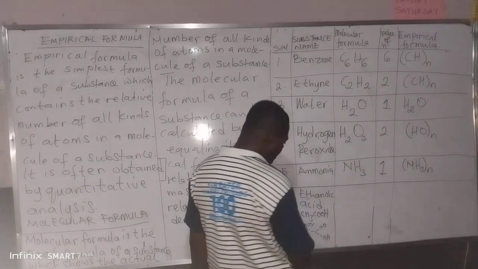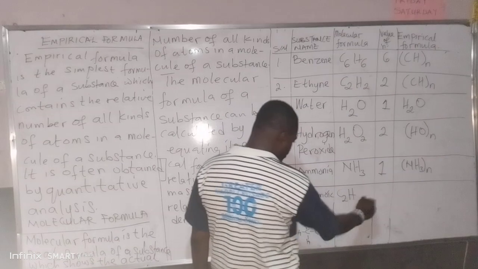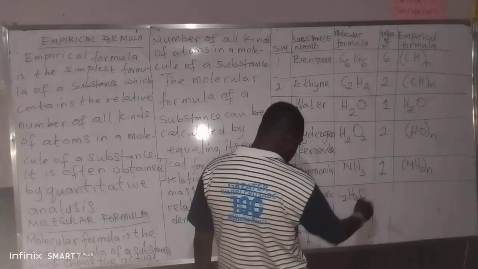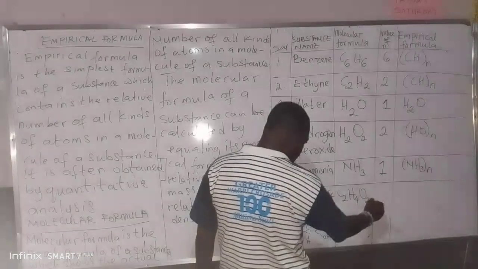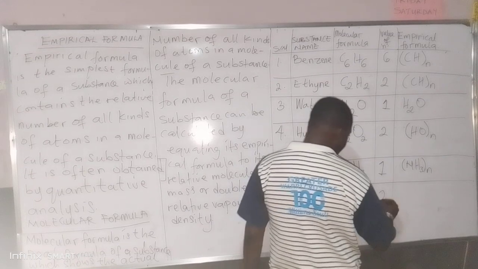So the molecular formula now is going to be 2 carbon, C2, H1, 2, 3, 4, H4, O2. This is the molecular formula. What's common? 2 is common here.